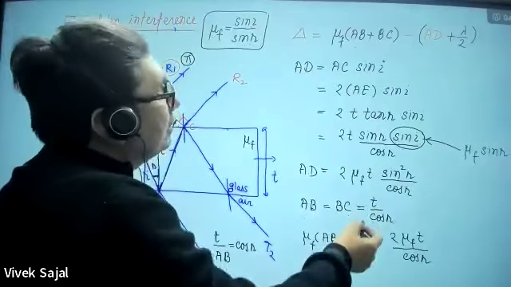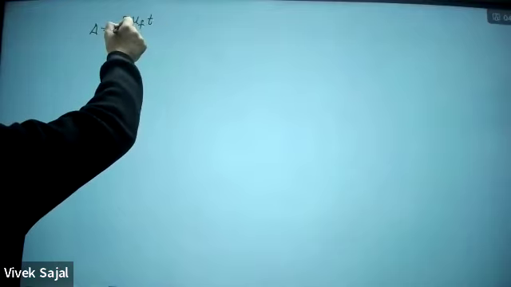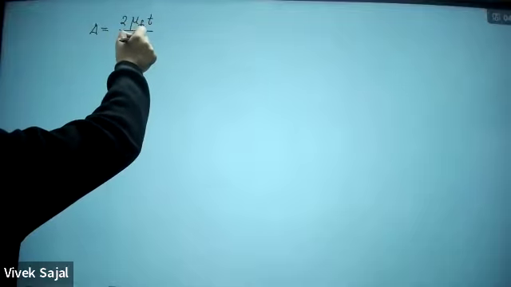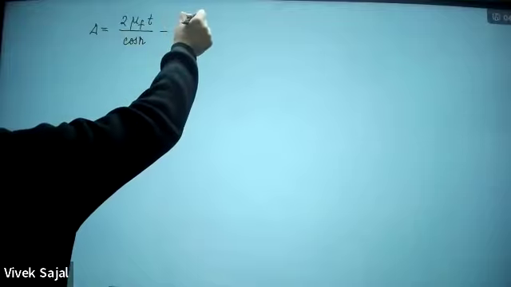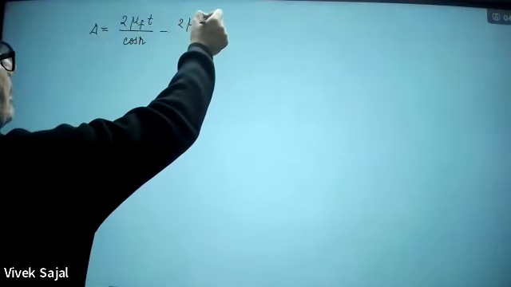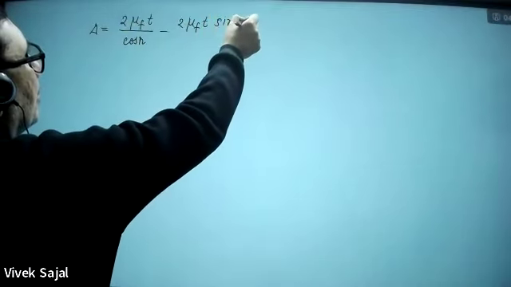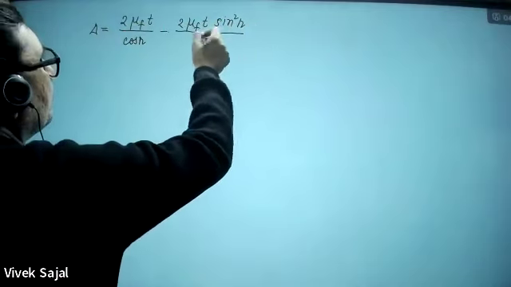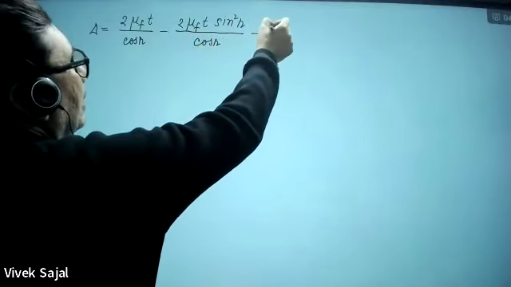I am writing delta is equal to 2 times mu f t upon cos r, minus 2 mu f t sin square r upon cos r, and there will also be minus lambda by 2.